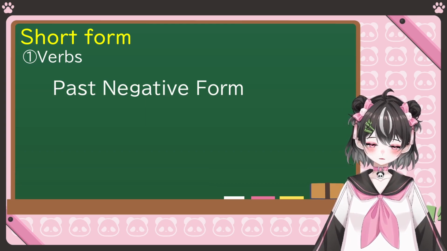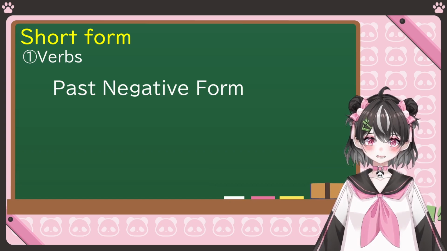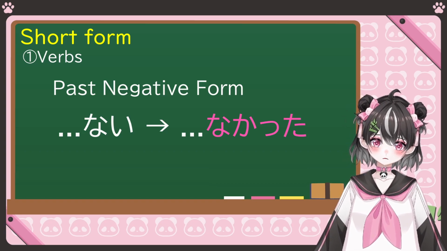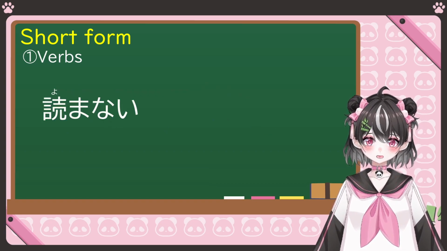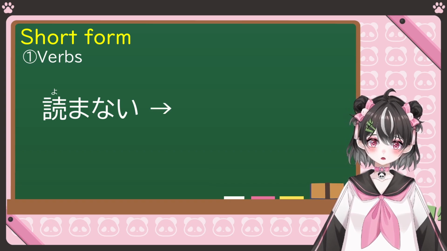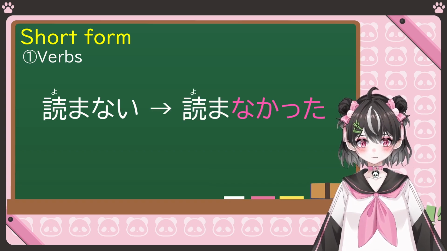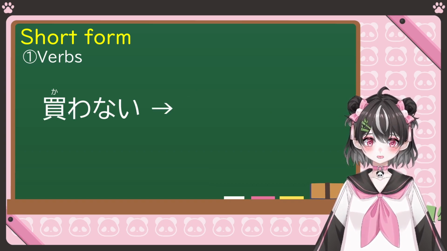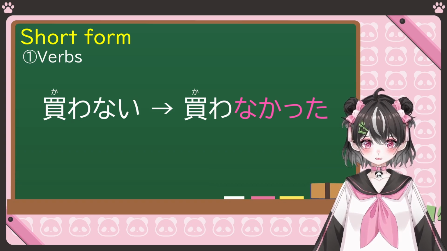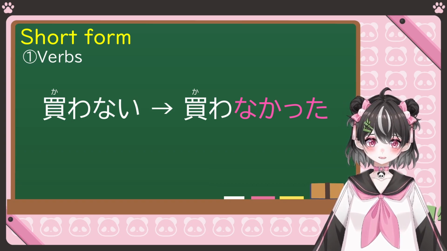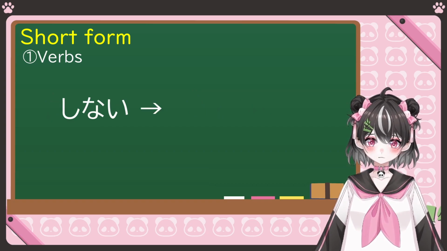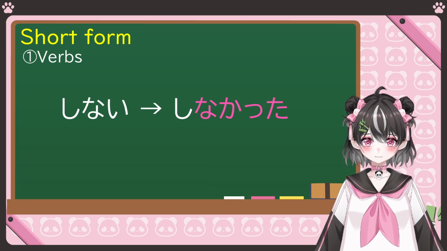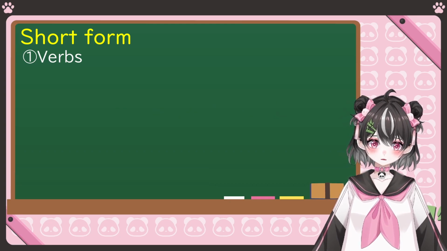No matter the verb type, all you do is replace nai of nai form with なかった。For example, 読まない becomes 読まなかった。買わない becomes 買わなかった。しない becomes しなかった。That's all for verbs.